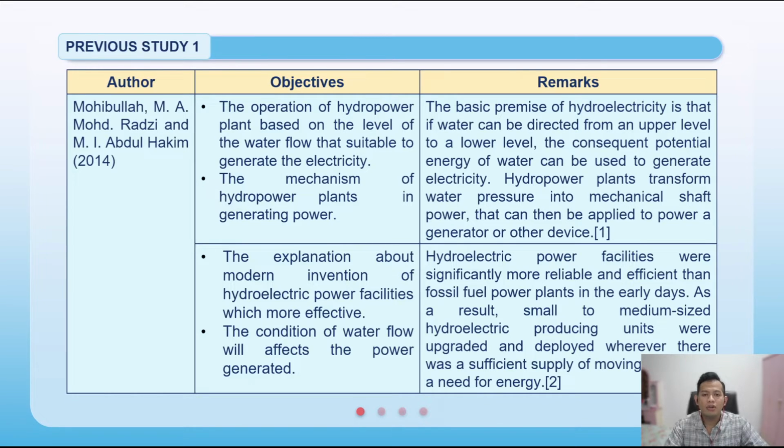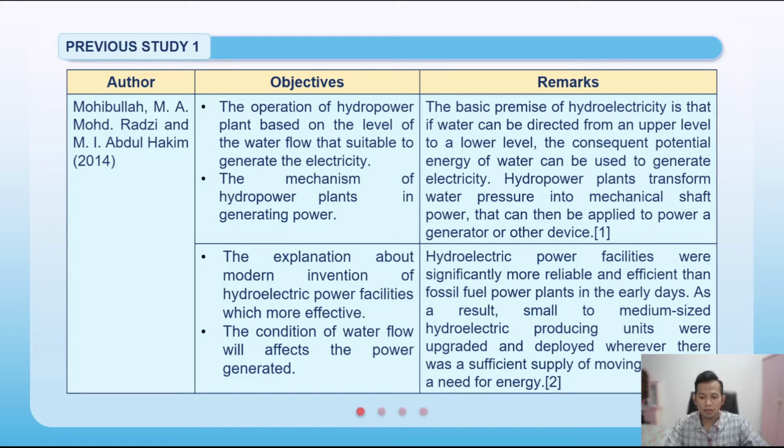As you can see in the remarks column, these are the points that I took from the journal and inserted into the proposal. For citation number 1, the objective is the operation of a hydropower plant based on the level of the water flow that is suitable to generate electricity and the mechanism of hydropower plants in generating power.